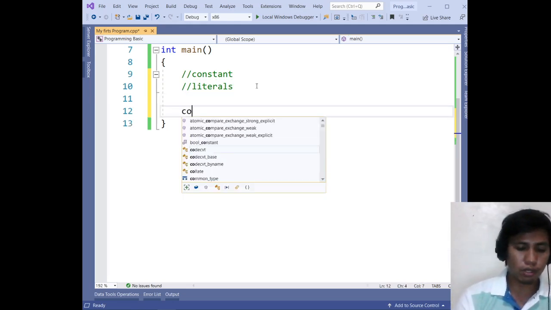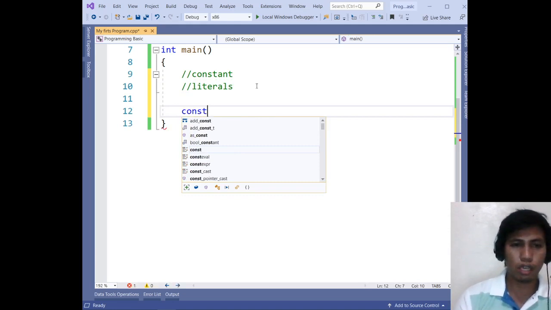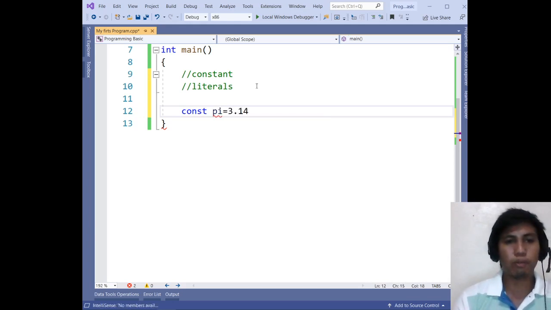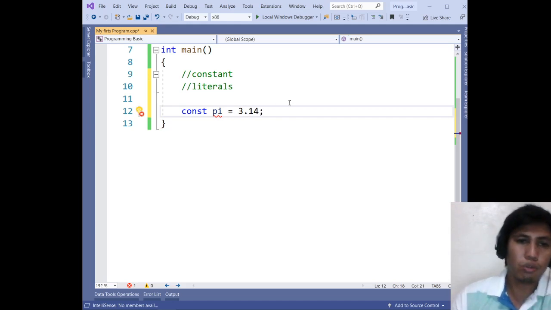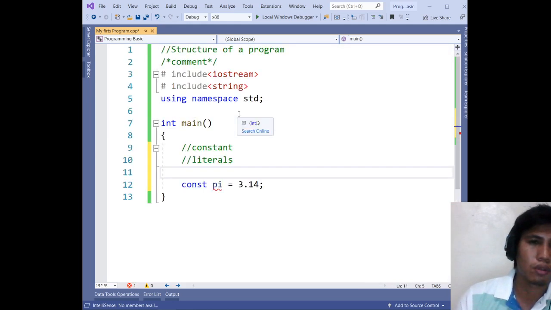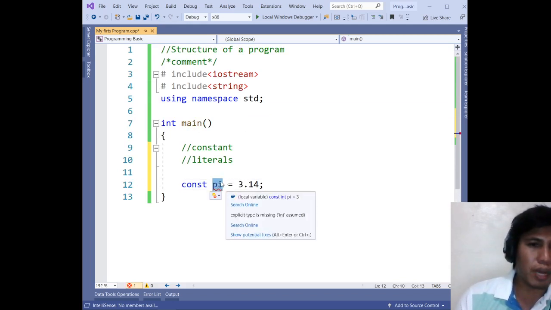It's either by using const, the keyword const, then the identifier, let's say pi, then we have the value. So 3.14. So during the course of the program, variable pi will not change its value.